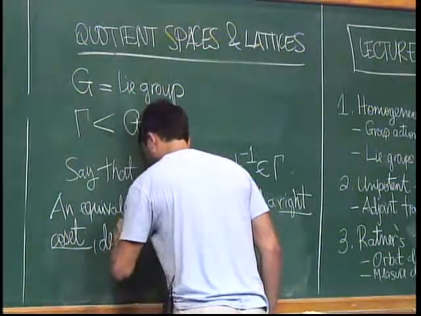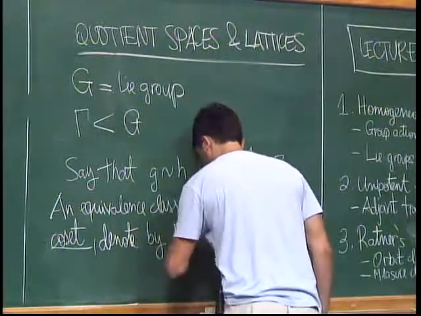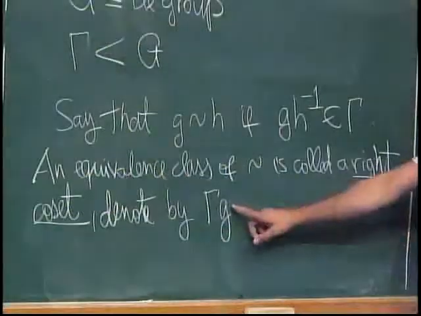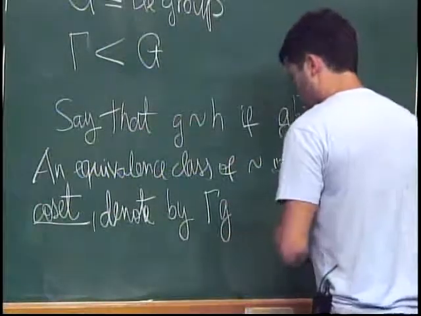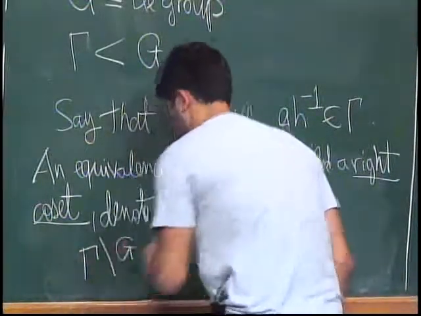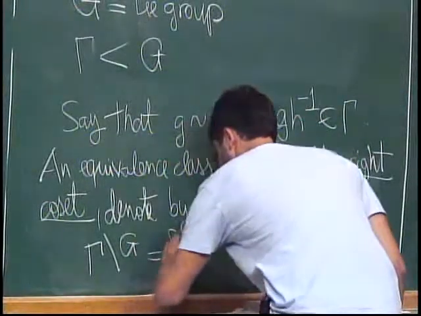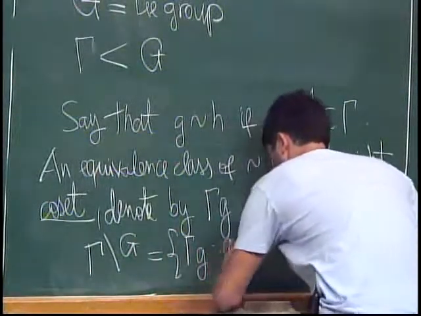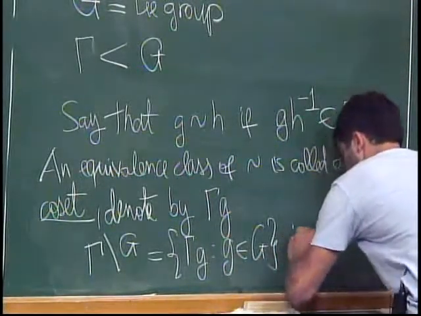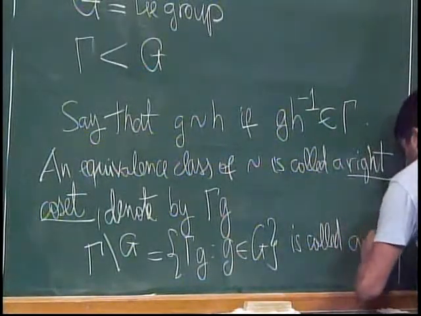We are going to denote it, as we already did yesterday, by gamma g. This is the right coset associated to the element g. And the space of right cosets, I'm going to denote by G mod gamma. This is the space of cosets, and it's called the quotient space.